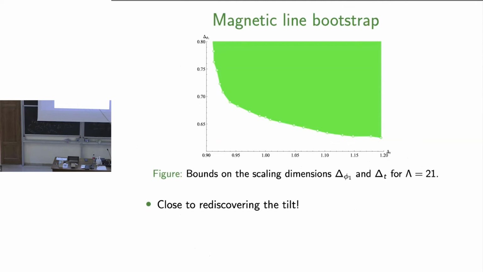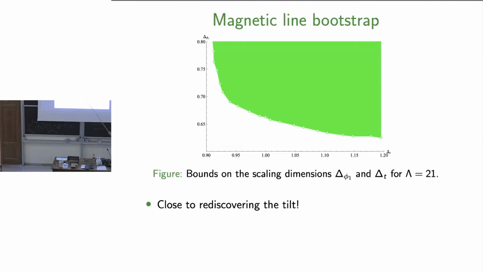So there is no island here, but there is some good stuff. For example, the tilt is protected, as I've been saying in the talk. But in this plot, we decided to keep it arbitrary, because we wanted to see how the numerics do. We're going to explore the allowed region for the spin variable, for which there is an estimate from the Cuomo et al. paper, and the tilt operator.